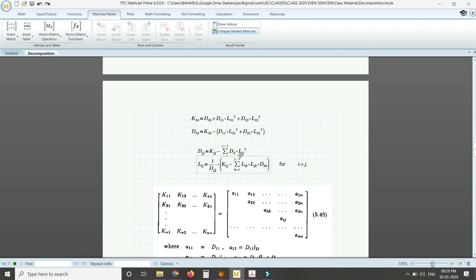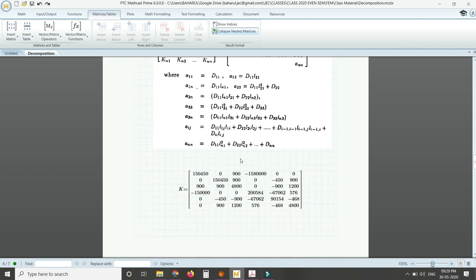But as you can see here, this D matrix is already a function of L, and L is also a function of D. So it's interconnected, which is why we need to follow a specific order to solve this kind of problem.